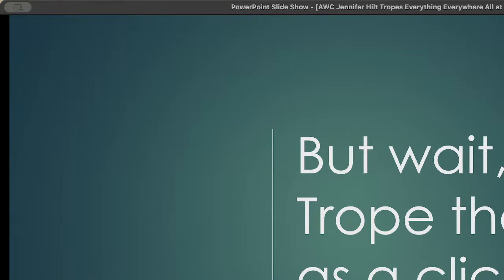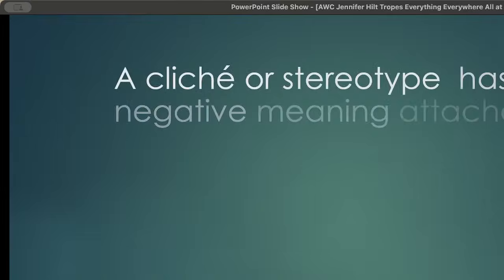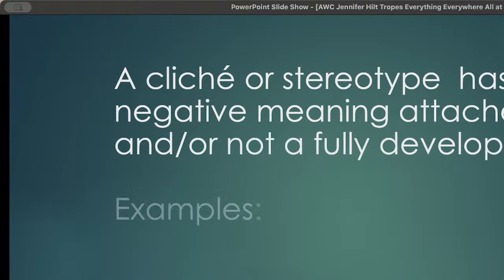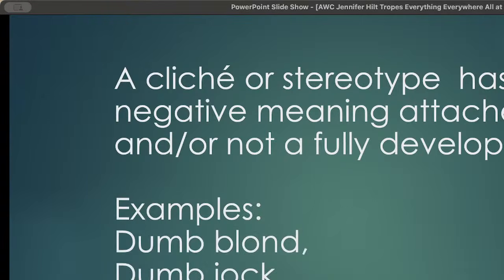So this is really important. I don't feel that a trope and a cliche are the same thing, and I'm going to tell you why. I think a cliche or stereotype has a negative meaning attached to it, and it's not a fully developed idea. So I gave you some examples here, like the dumb jock, the dumb blonde, and the gold digger. You could write a story about a jock, an athlete who has other kinds of issues that can just be part of that character.